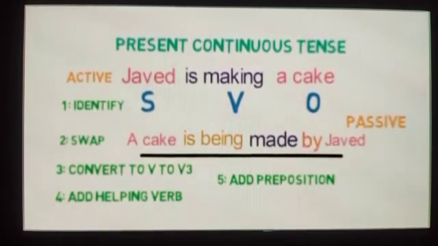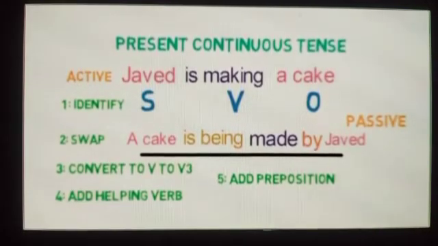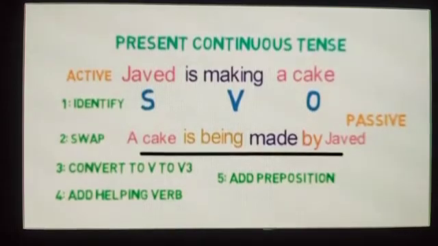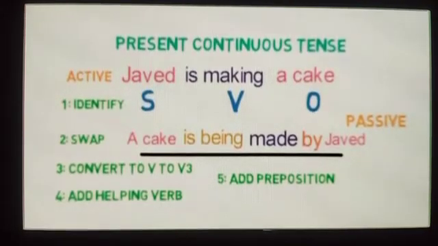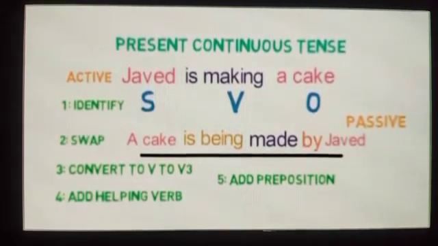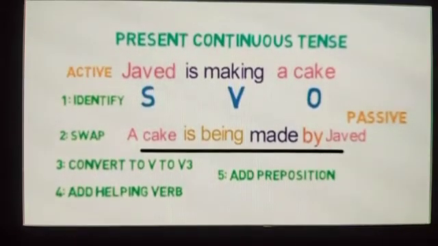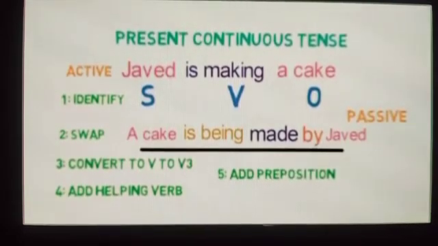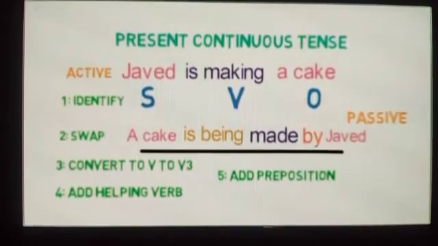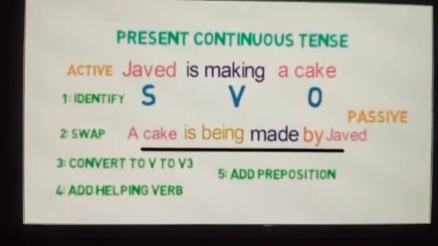So we are not getting here who has made the cake or who is making the cake. So after using by, we come to know that a cake is being made by Javed. So you can see here that in a passive voice, only Javed is there who is making the cake. Fine. So in both the sentences, it is Javed only who is making the cake.